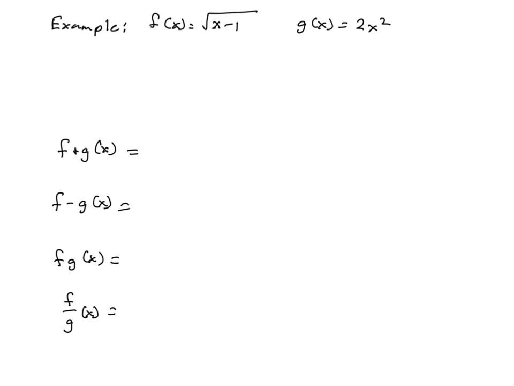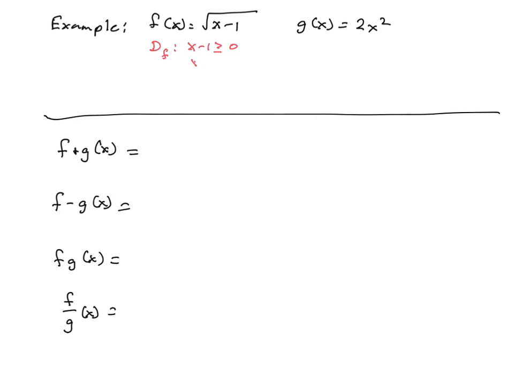Let's take a look at a problem here. We have f of x equals the square root of x minus 1, and g of x is equal to x squared. The first thing I want to do is talk about the domain. The domain of f, since it's a square root, is where x minus 1 is greater than or equal to 0.